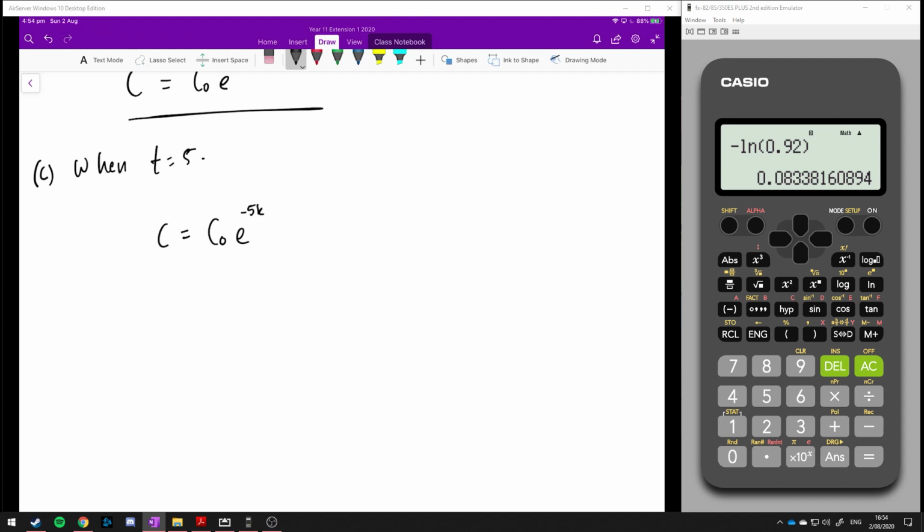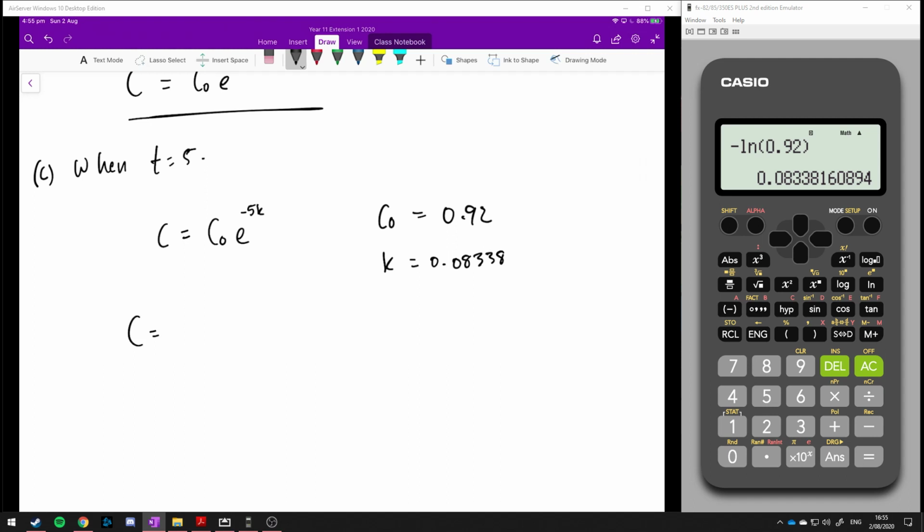Now we know what our k value is, and we know what our C0 value is. So C0 is equal to 0.92, and k is equal to 0.08338, and we can substitute that into this.